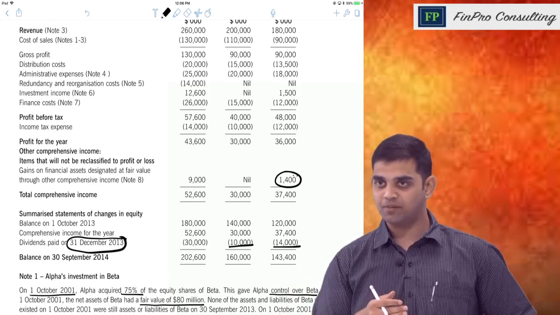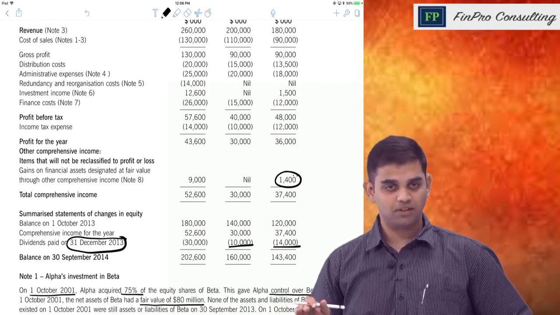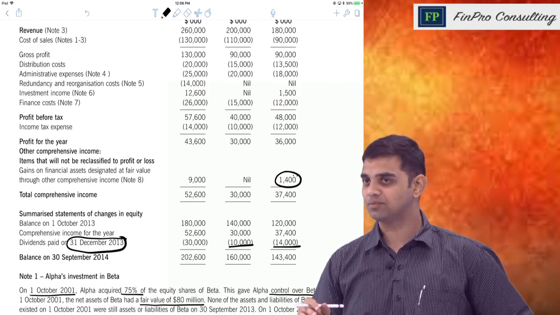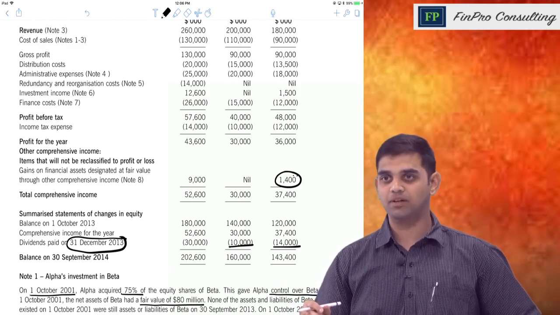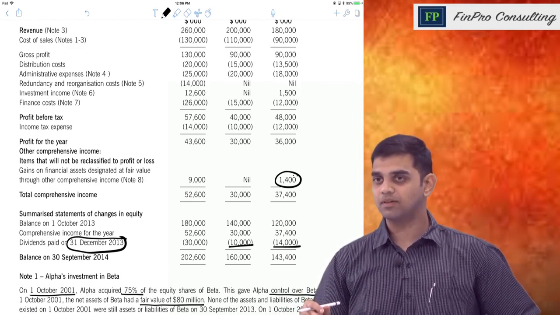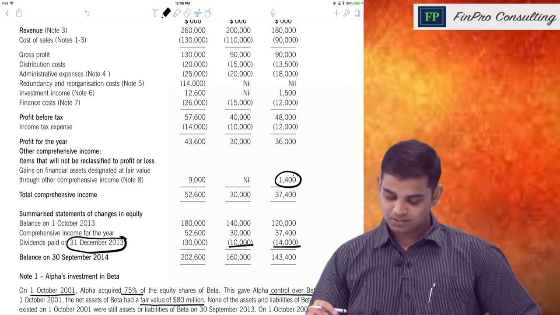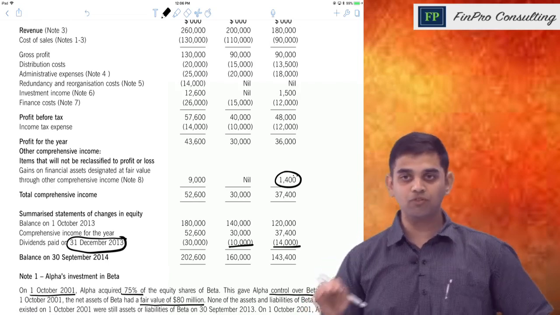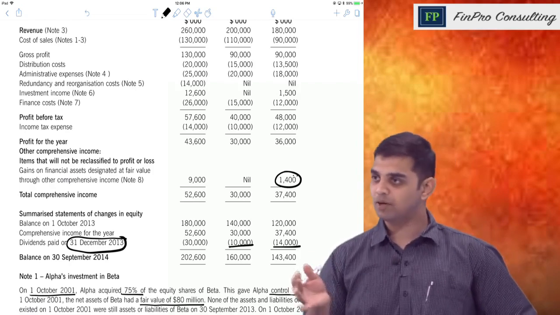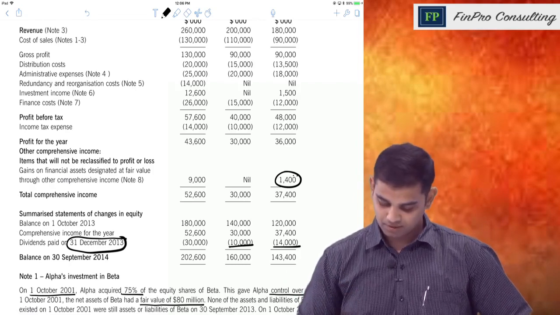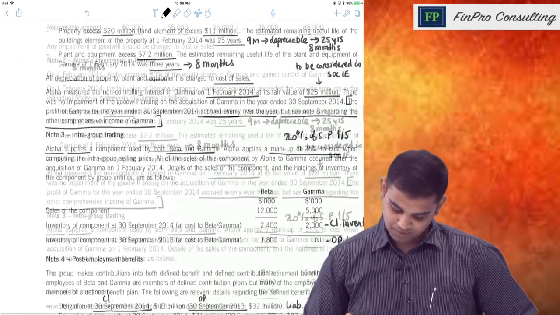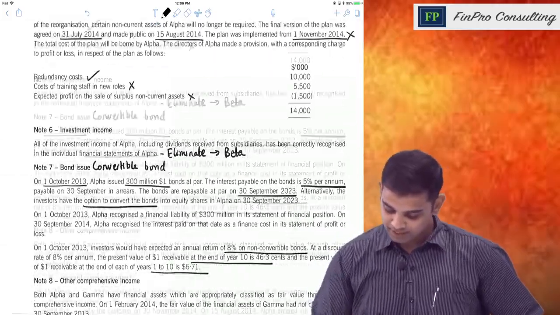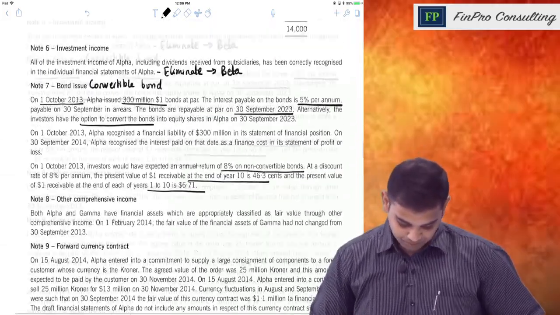So either it is pre-acquisition or it is post-acquisition. Now what is according to you? Post or pre? See, 1,400 is the amount for the year, because in OCI only amounts for the year come. Now it is pre or post? Correct, it is post, because they are saying, let's read it again.